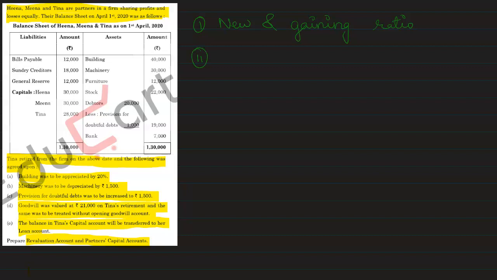Secondly, we look at how goodwill has been adjusted, that is, what will be the entry for the goodwill. The third thing is how revaluation will affect the balance sheet, the effect of revaluation on balance sheet. And then we will start preparing the accounts.